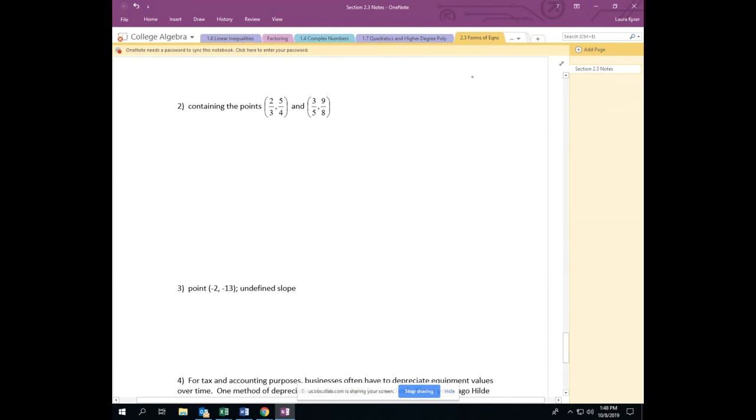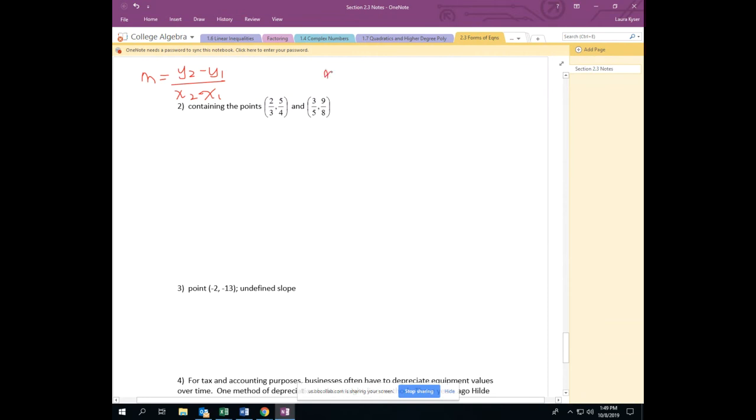So I can use slope formula, y2 minus y1 over x2 minus x1, to find my slope, and then at least I have half of the information. So I'm going to set this up, and I know these numbers are ugly, but it can happen, so I want to show it to you. I'm going to set up my slope formula.